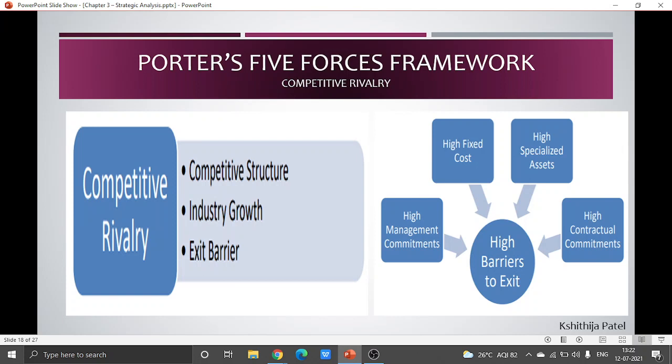Then we have exit barrier. Exit barriers refer to economic, strategic, and also emotional factors which limit firms from exiting or going away from their business or industry, even in times of low or negative return.